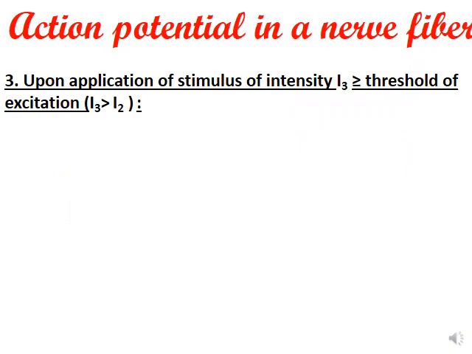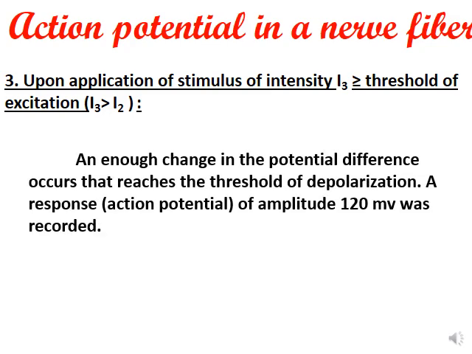So upon application of the stimulus intensity I3, greater than or equal to the threshold of excitation, there is a change in the potential difference that reaches the threshold of depolarization. So a response, an action potential of amplitude 120 millivolt, was recorded. Why 120? It moved from minus 70 to 50 millivolt.